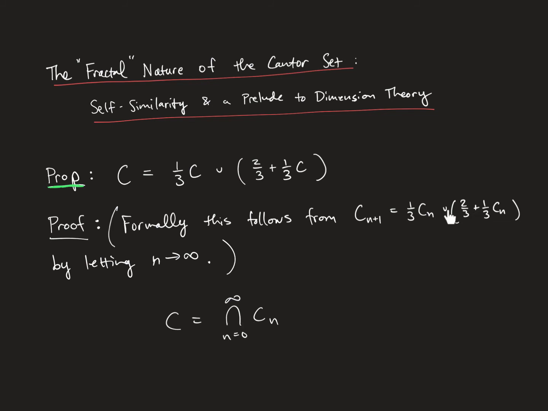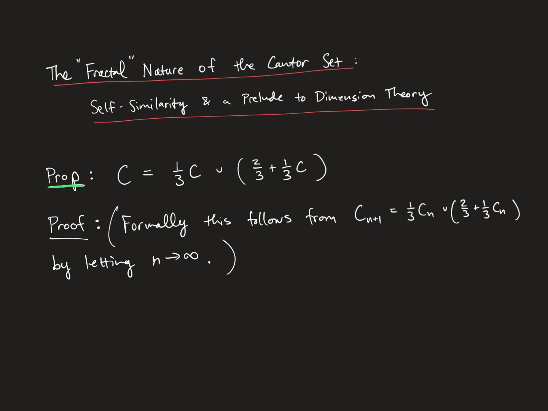But it turns out those intersections of unions don't really work so well together if you think about it carefully. So that's not the best way to go about it, though you could make it work. It actually follows more easily from something that we've already done.